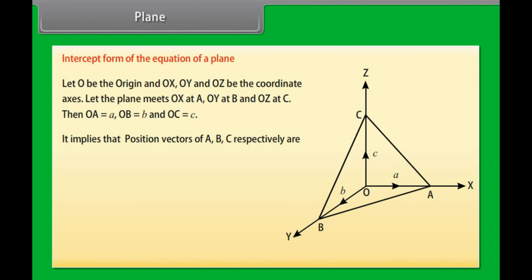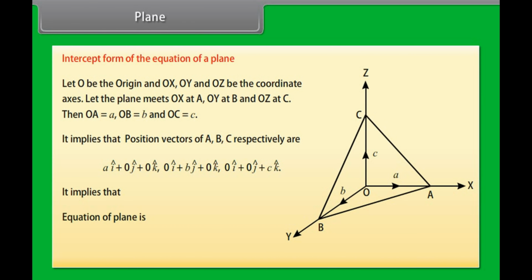It implies that the position vectors of A, B, and C respectively are a î plus 0 ĵ plus 0 k̂, 0 î plus b ĵ plus 0 k̂, and 0 î plus 0 ĵ plus c k̂. It implies that the equation of the plane is x by a plus y by b plus z by c equals 1.